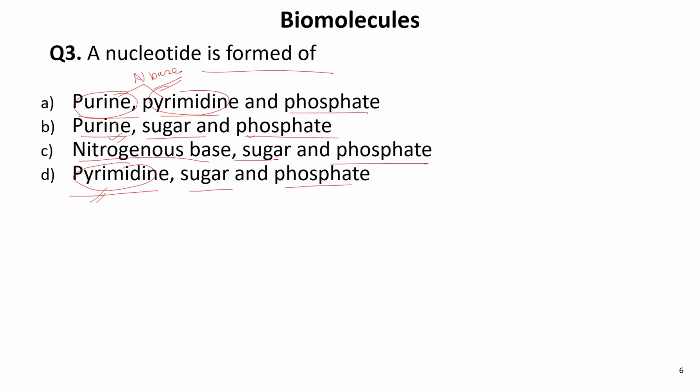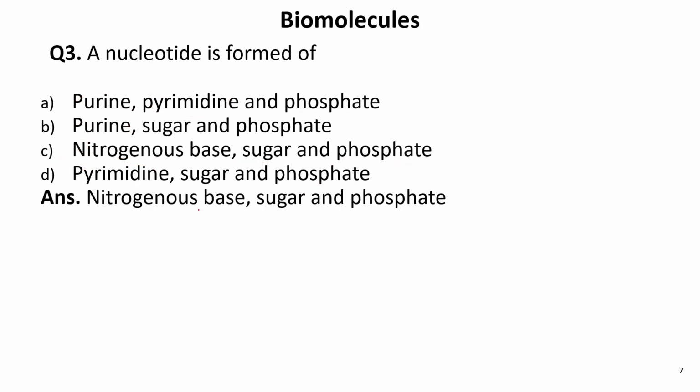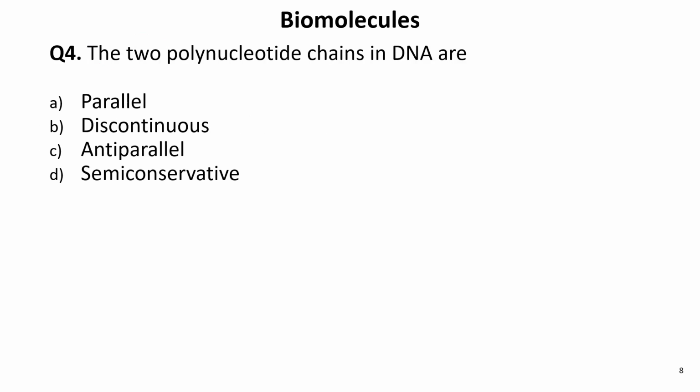But both nitrogenous bases can be present in nucleotide formation. The two other requirements are sugar and phosphate group. So the correct answer is C, nitrogenous base, sugar and phosphate group. These three unite together to form the nucleotide molecule.